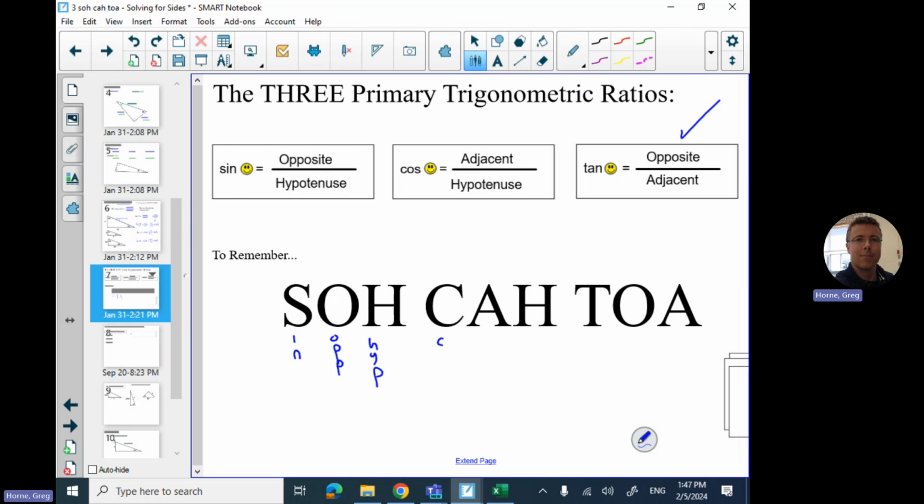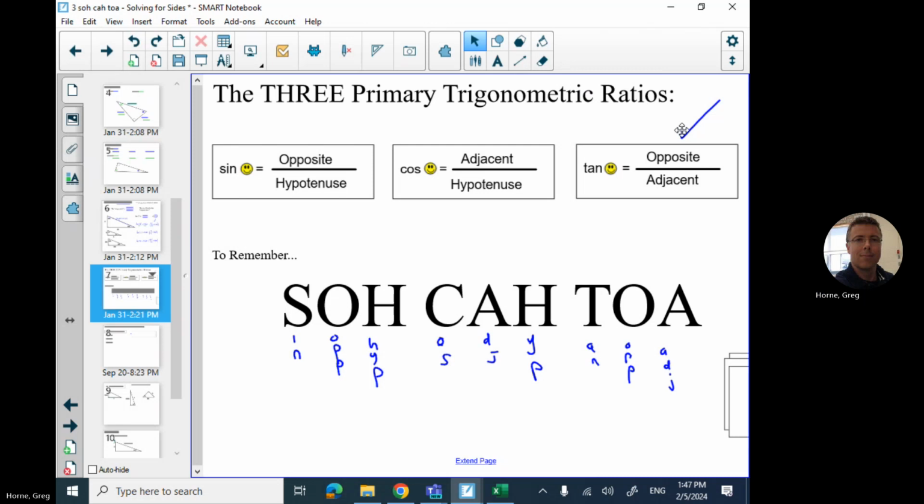The cosine ratio, we're looking at the adjacent over the hypotenuse. And for the tan ratio, we're looking at the opposite over the adjacent.